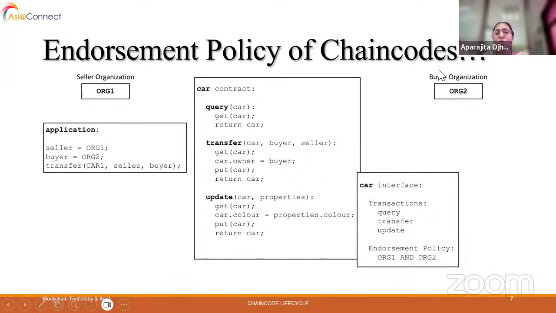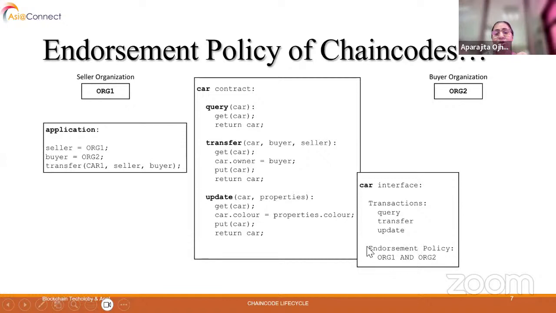You can see there are two organizations, the buyer organization and the seller organization. This is the application which knows that there are two parties in it. And the interface to this smart contract is provided by the chain code, where there can be several transactions like query, transfer, or update.